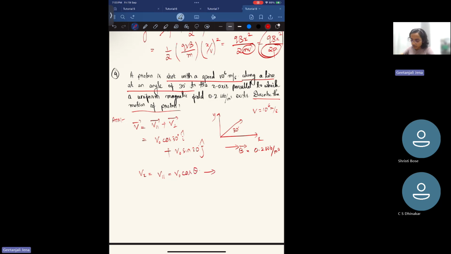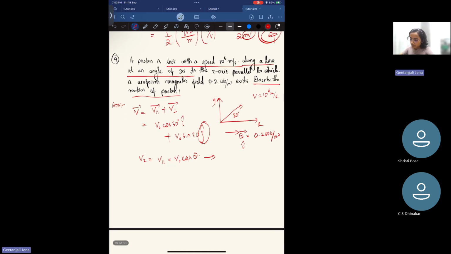The velocity in this direction will remain unaffected. But because of the perpendicular component of the velocity, there will be a force. Which direction will it be? It is j cap and this is i cap, so this would be in the minus k cap direction. So that means the motion would be a helical trajectory. So it will move like this.